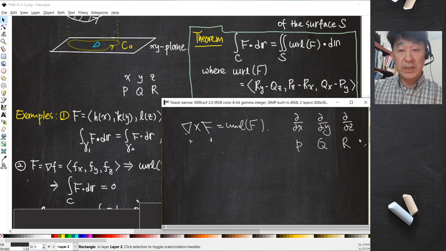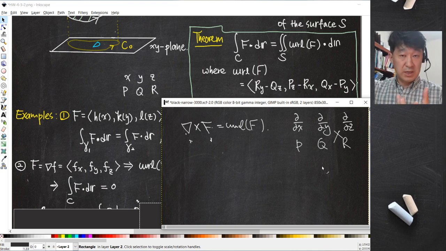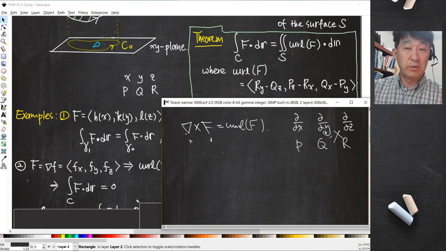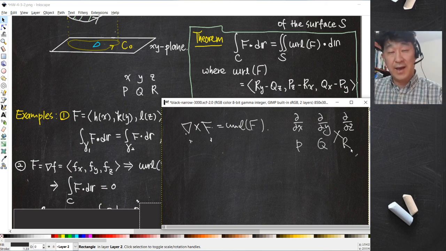So if these are really numbers, the cross product for the first component, you eliminate the first column and do this 2 by 2 matrix calculation. If you multiply these two, it's not really multiplying. It is like differentiate with respect to y and differentiate that.